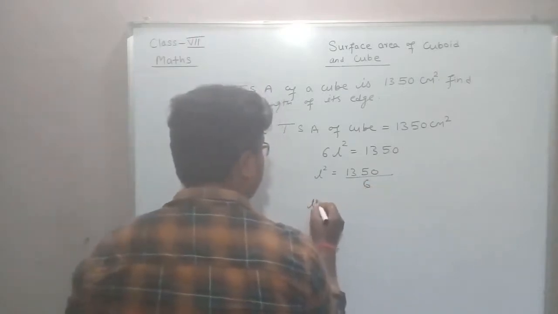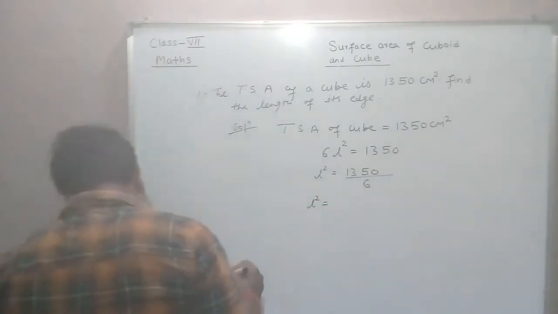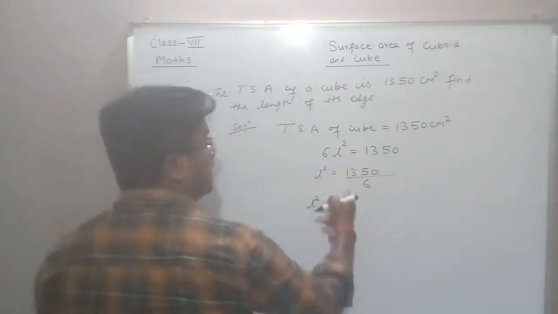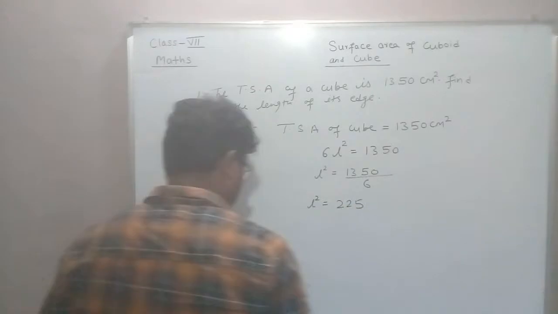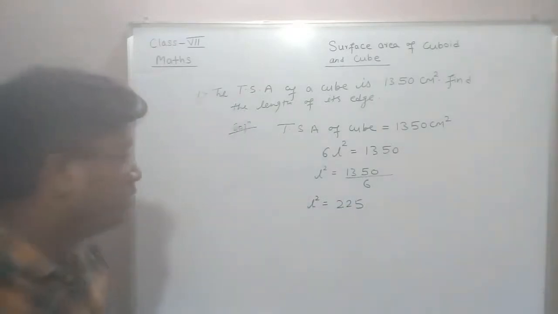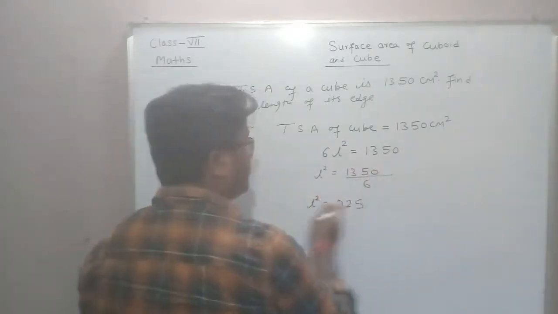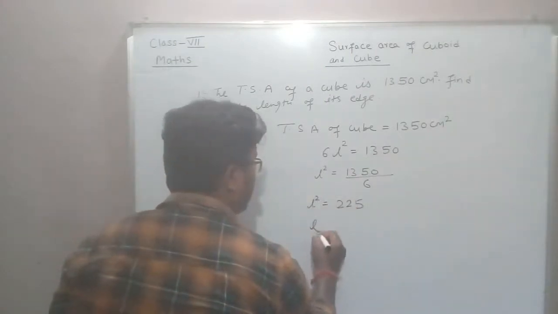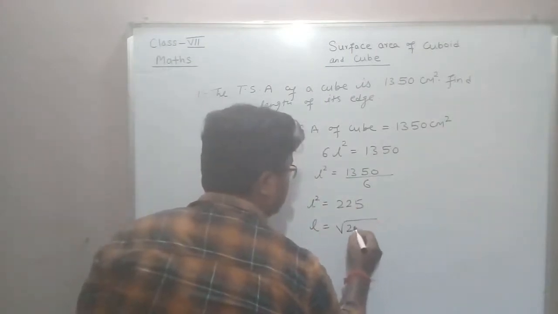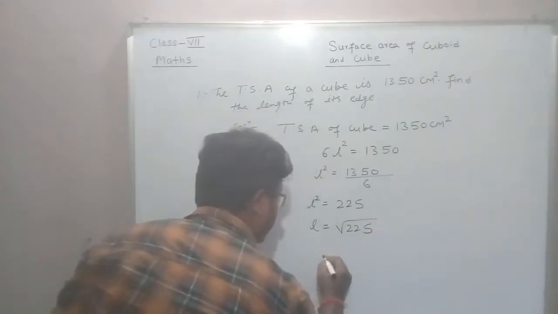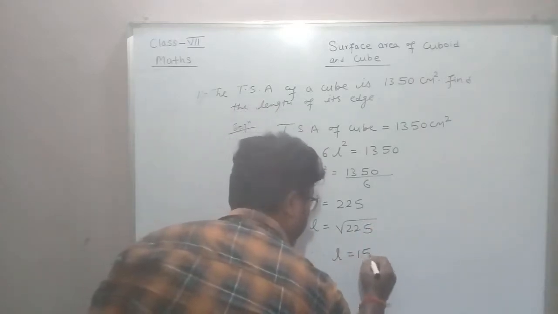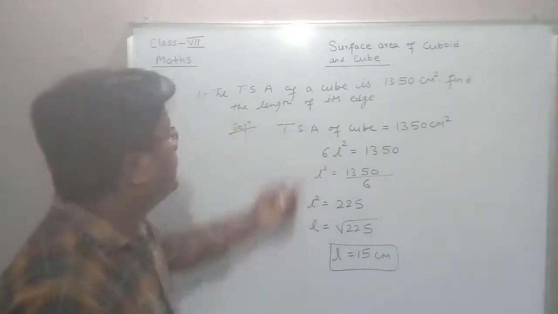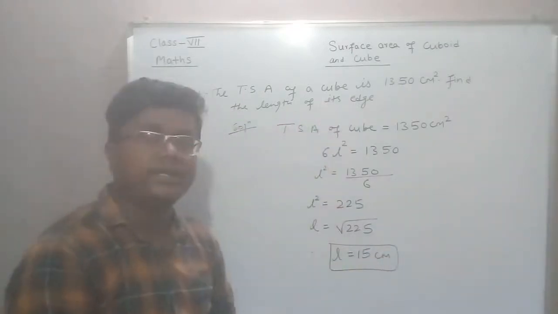So how much did we get? L square is equal to 225. If you divide 1350 by 6 you will get 225. So the square transfers to the right hand side, it will be square root 225, and therefore the length is 15 centimeter. The length of its edge is 15 centimeter.